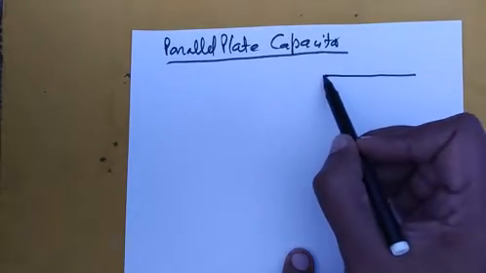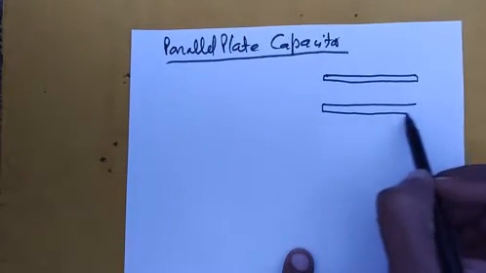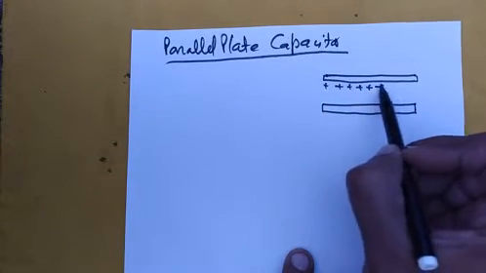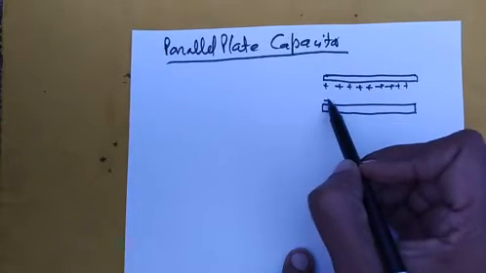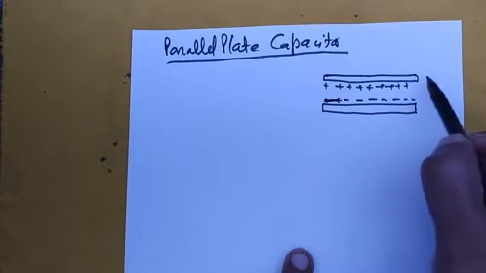There are two thin plates of a parallel plate capacitor. Upper one is charged by positive charge and lower one by negative charge.